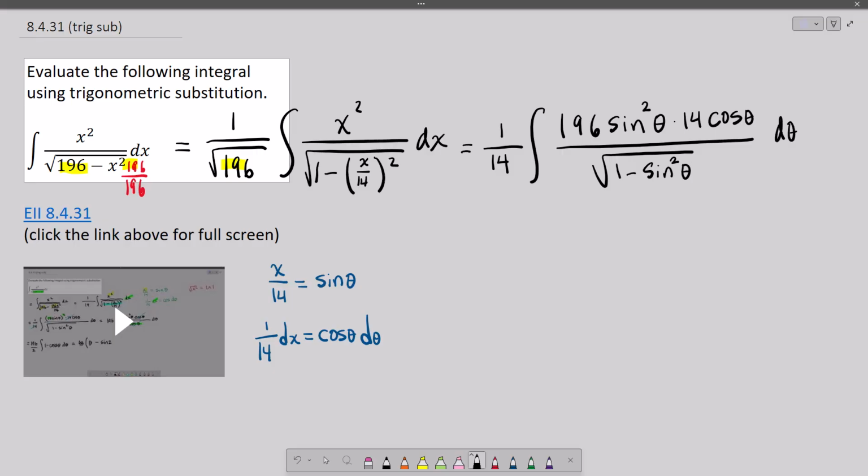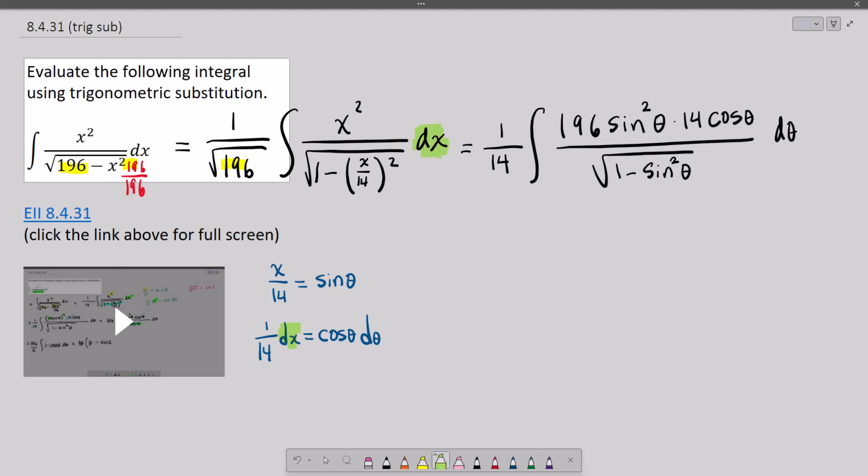So that is our full substitution. Do not be sloppy. Make sure you have this dx written down because that's a big chunk of that. Do not forget your dx's.